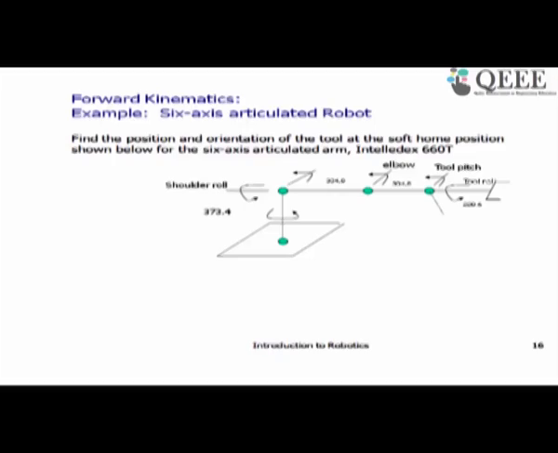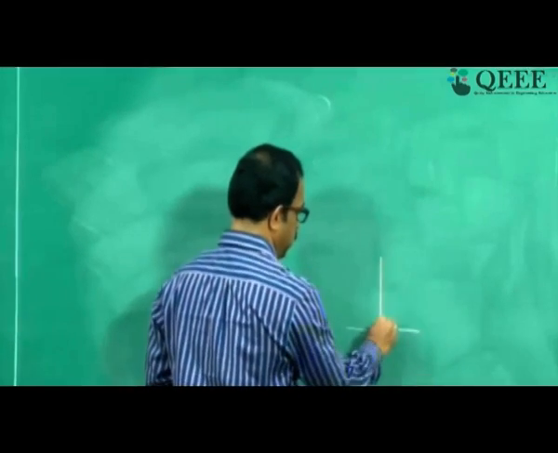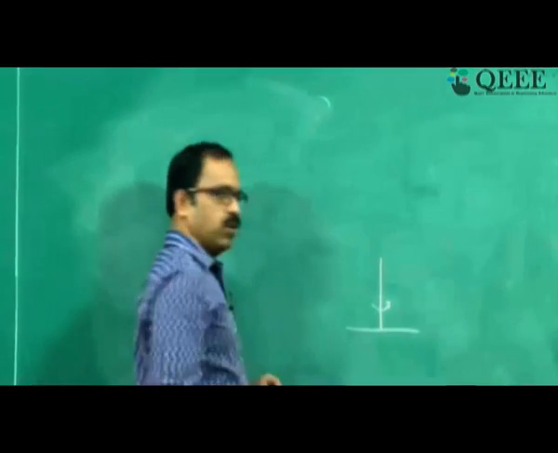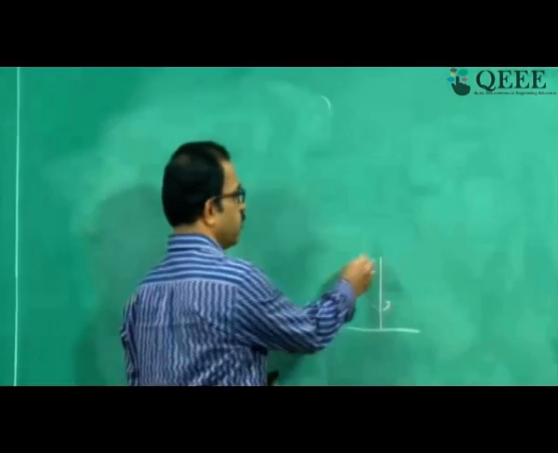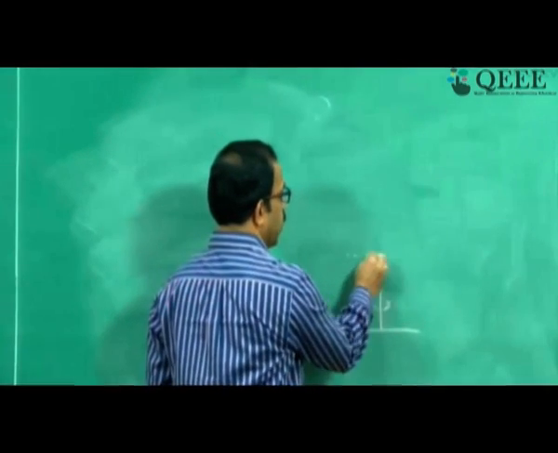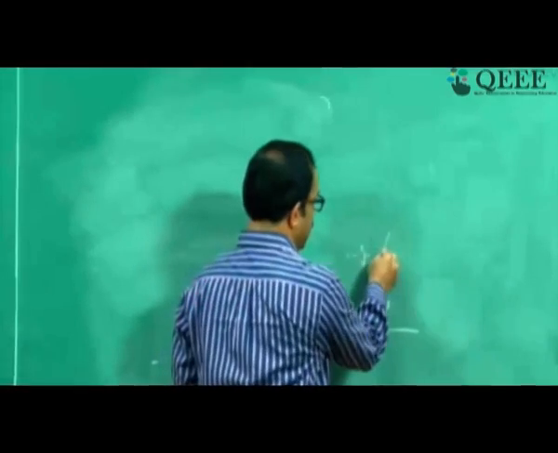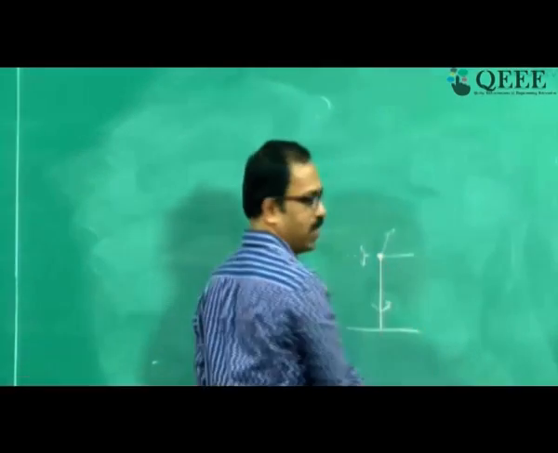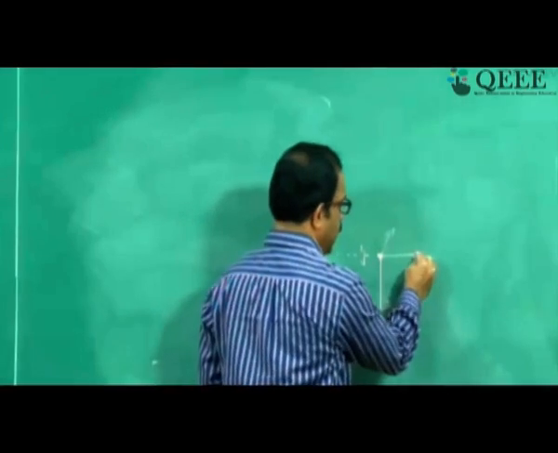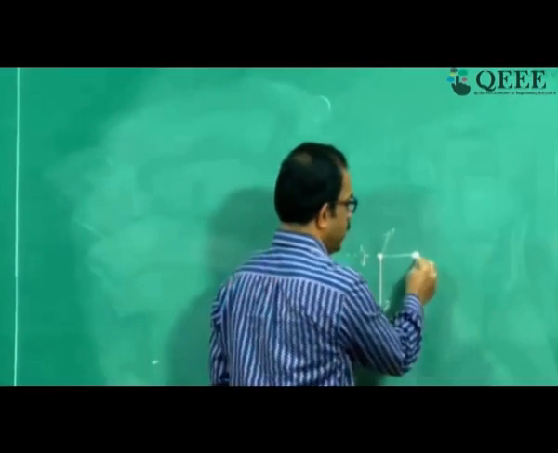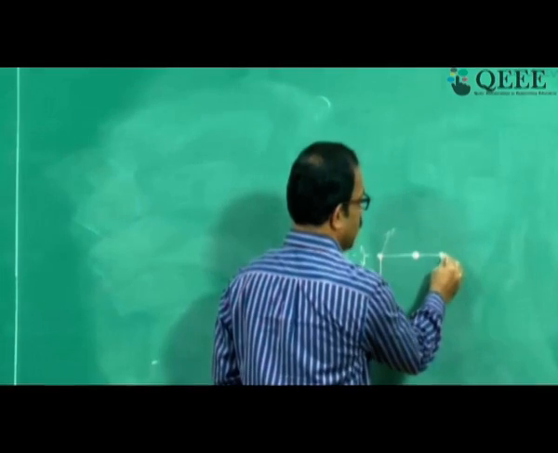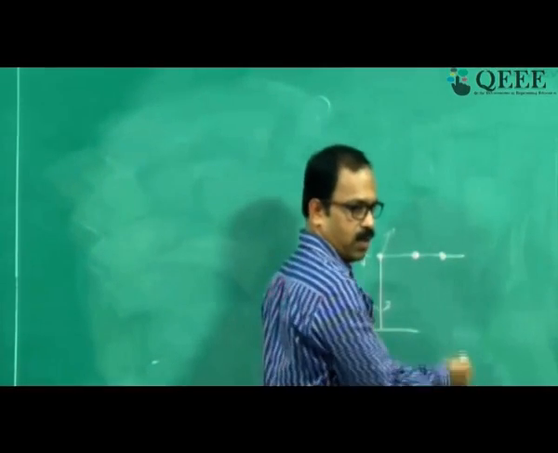You can see that there is a base joint, with a rotation like this, and then you have a roll axis here, and then you have a pitch axis here, and then you have an elbow, and then tool pitch, then tool roll.